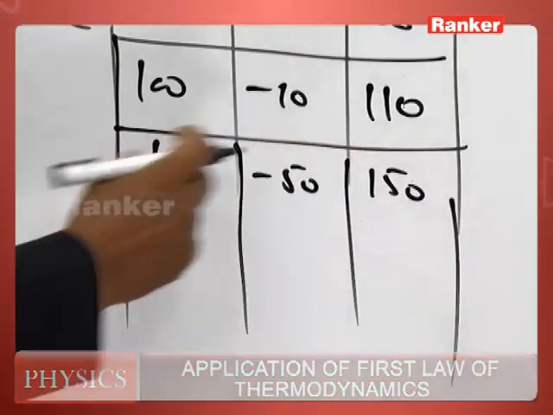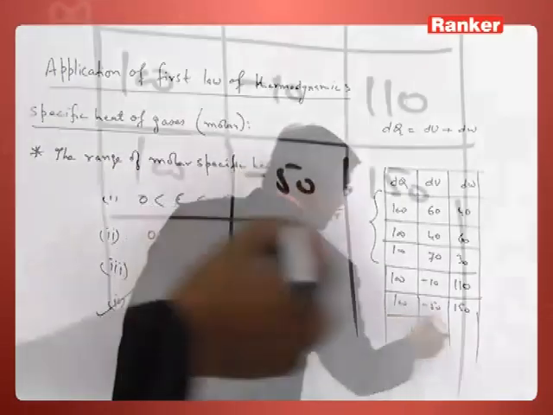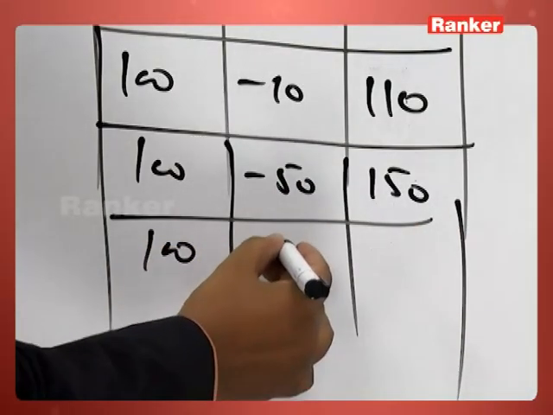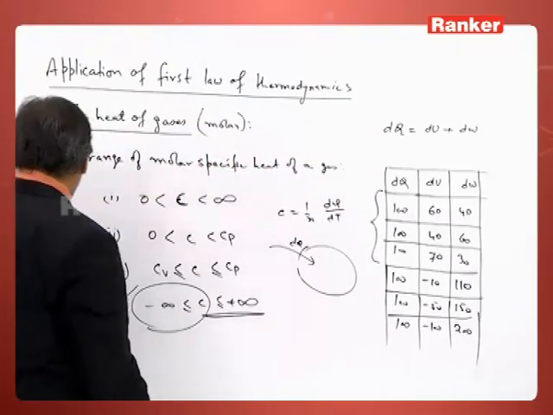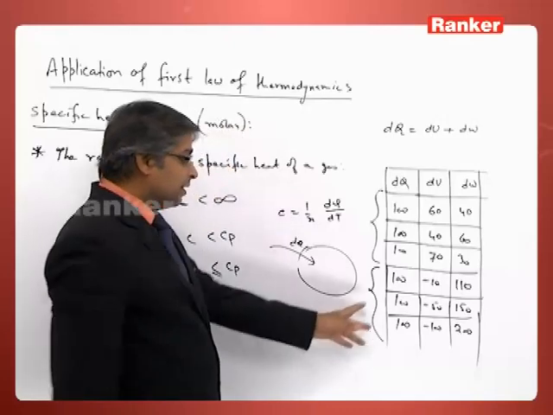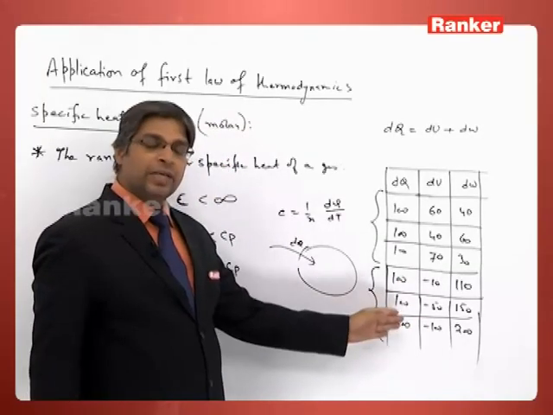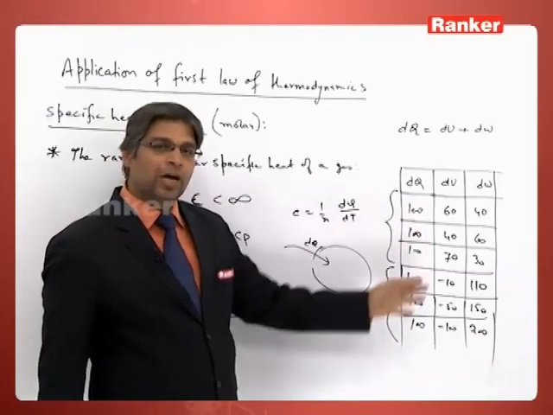So you see, this is the first law. This plus this must be equal to this. So again 100, minus 100, it is 200. So for all the three processes below, the specific heat is negative, and for the upper processes specific heat is positive.